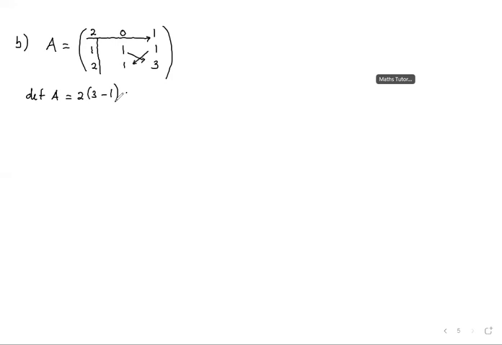And then the second entry is 0, so we don't do anything there. We jump to 1, cancel the row and the column, and remain with the matrix, we get 1, minus 1 by 2, we get 2. So the determinant is 2 by 2, which is 4, minus 1, which is equal to 3.